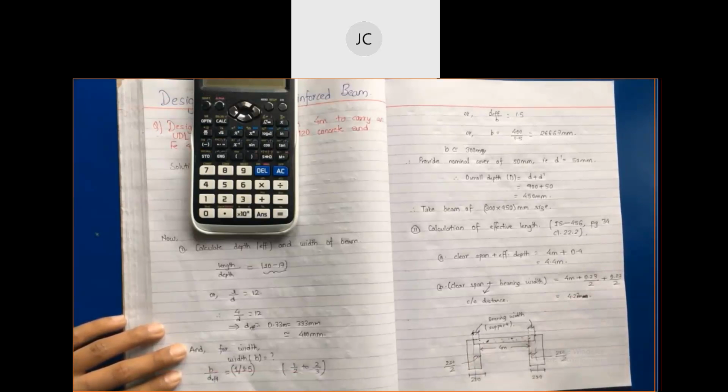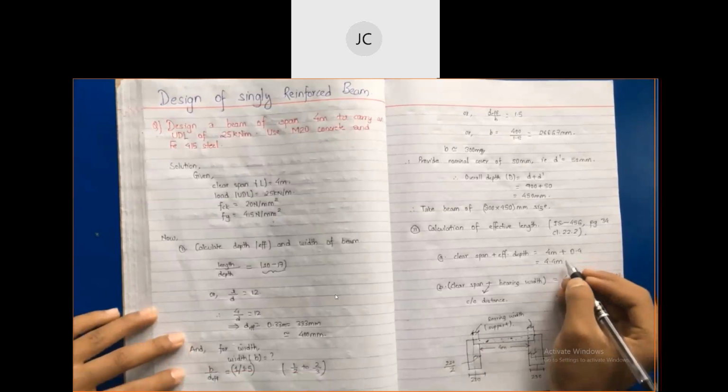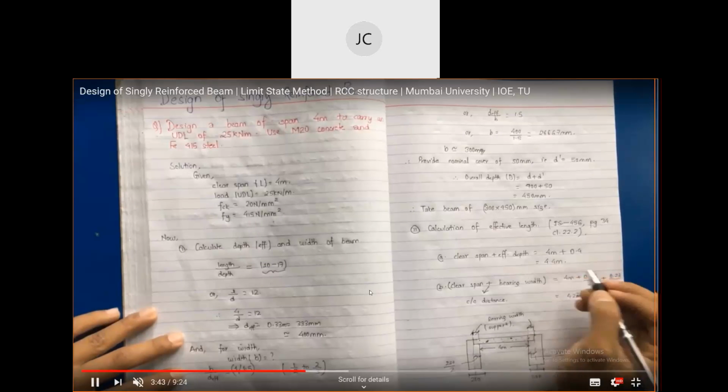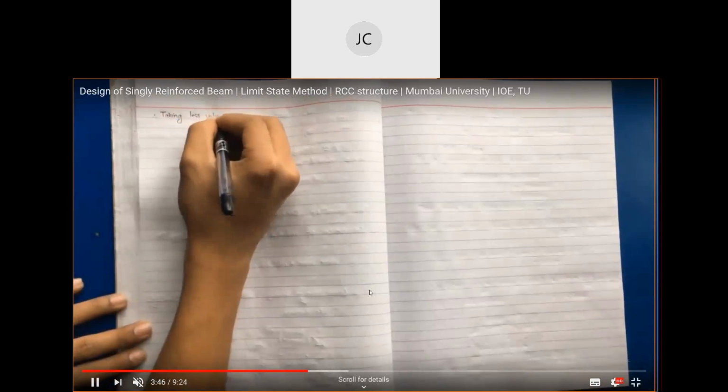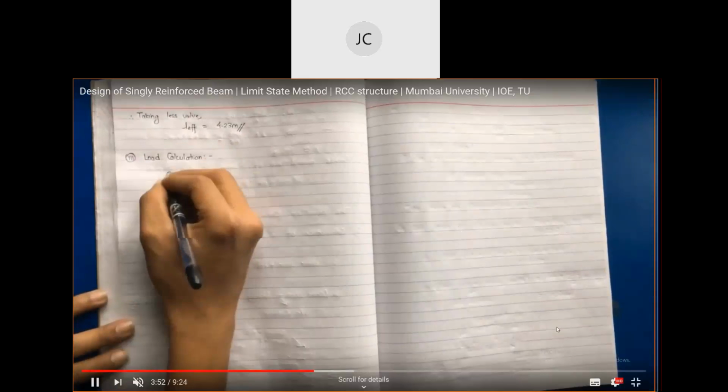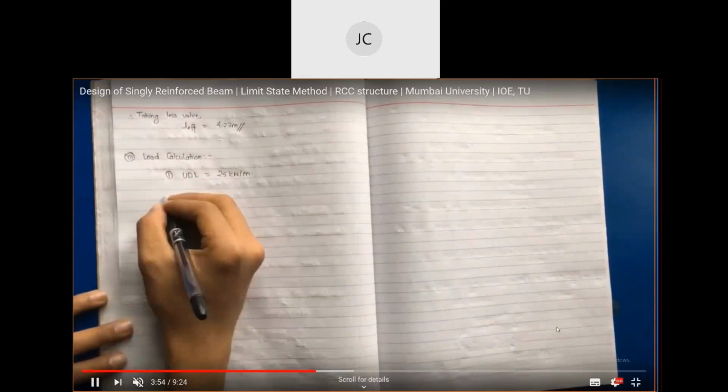So the center to center distance will be 4.2. Therefore, we compare these two values, 4.4 and 4.2, and take the minimum value as the effective span. Taking the lesser value, the effective span will become 4.23 meter.